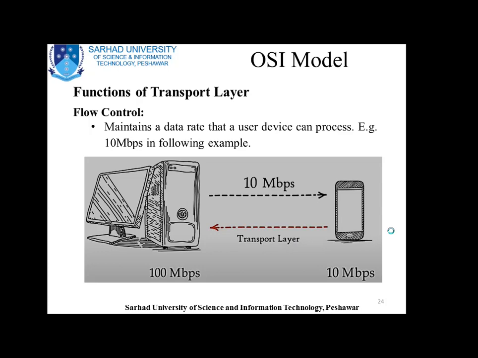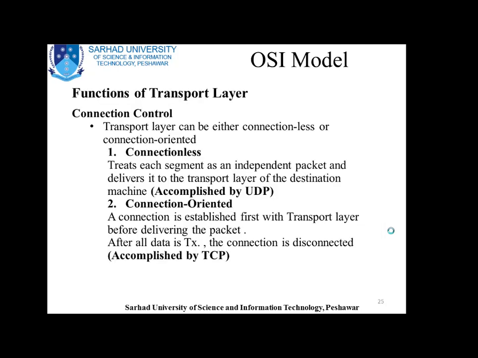The server can transmit up to 100 mbps, but your device cannot handle that effectively. So the transport layer sends the information to the network to reduce the speed from 100 to 10 mbps or any value.